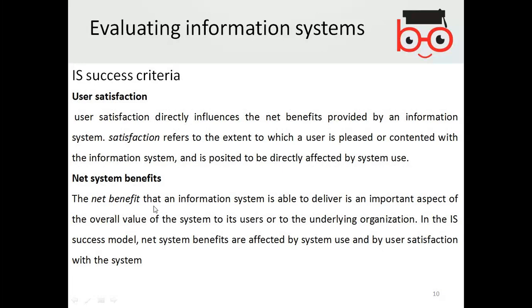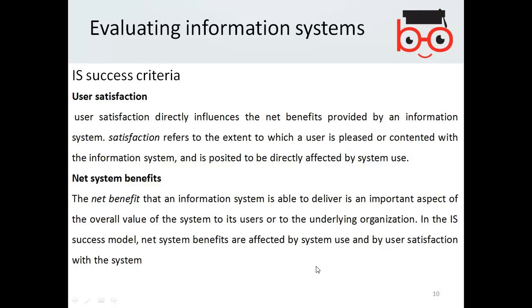The next is the net system benefits. The net benefits that an information system is able to deliver is an important aspect of the overall value of the system to its users or to underlying organizations. In the information system success model, net system benefits are affected by system use and by user satisfaction with the system.